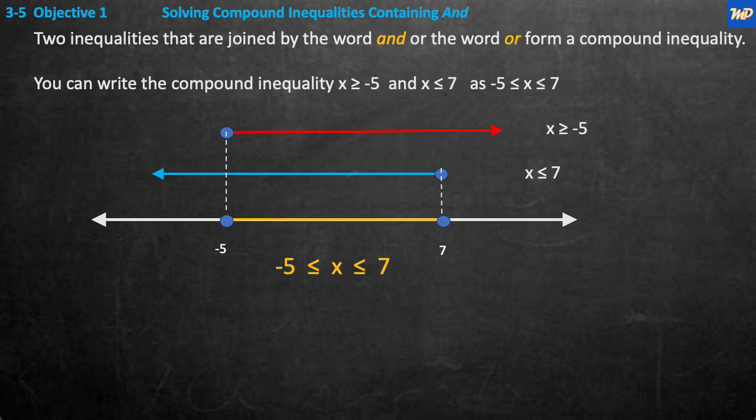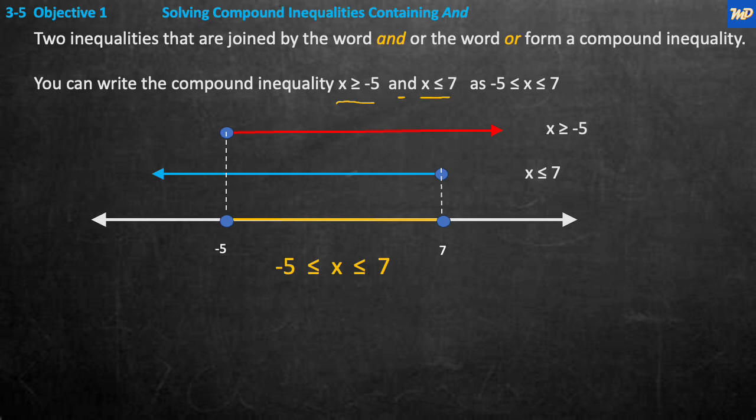Okay, objective 1, solving compound inequalities containing the word and. Two inequalities that are joined by the word and or the word or form a compound inequality. We just discussed that in the definition. You can write a compound inequality. Let's look at it here. X is greater than or equal to negative 5, and here's the and word, and X is less than or equal to 7.